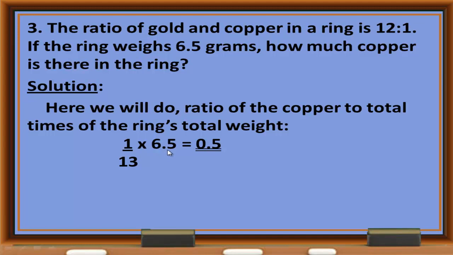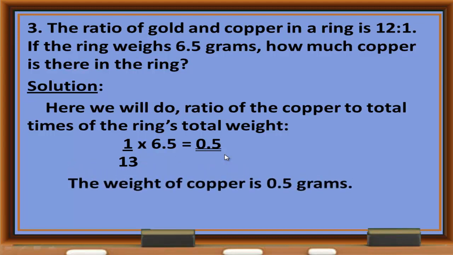Then after we multiply and divide, 6.5 divided by 13, we get 0.5. Therefore, the copper's weight is 0.5 grams.